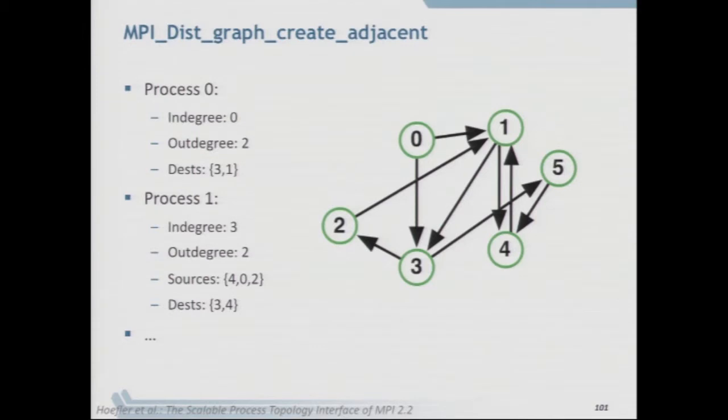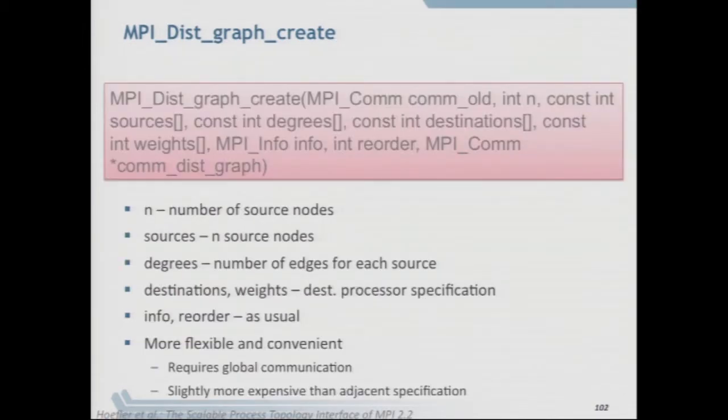So that's dist graph create adjacent. There is another one called dist graph create, where you don't need to specify your own information. You can specify any piece of the graph, somebody else's connectivity also, as long as all processes effectively specify the whole graph. It's a little hard to comprehend that I'm not specifying my own connection; I'm saying how rank 10 might be communicating.